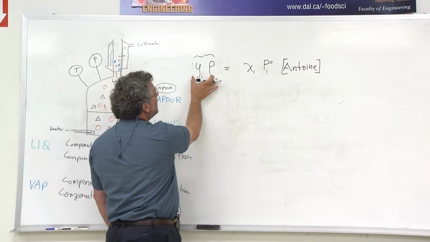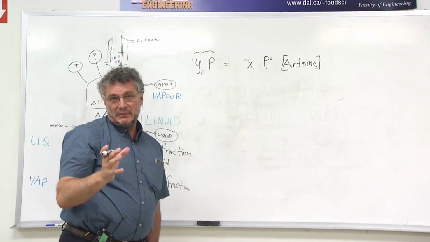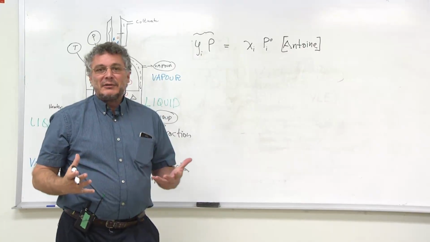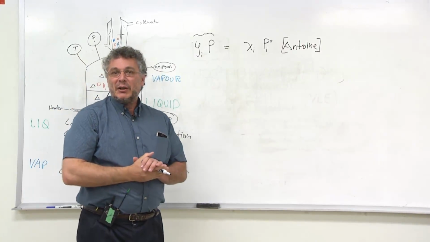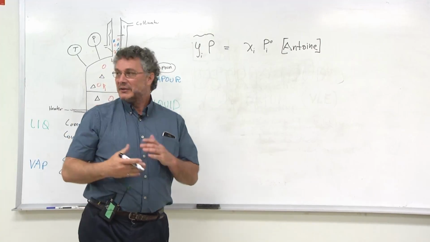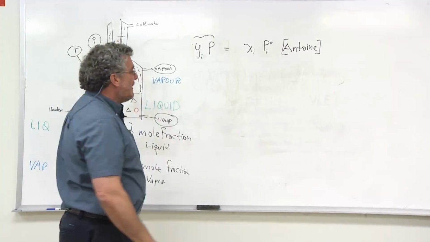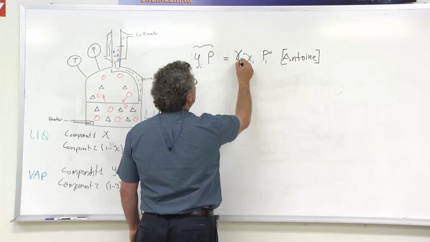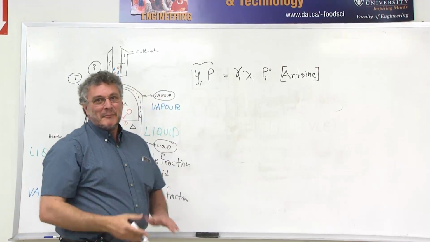Now we know that this equality only exists in an ideal system, and therefore to make it real we have to introduce a sort of fudge factor that has the very revered name of activity coefficient, because if we say fudge factor people might not believe us. So the activity coefficient is also given a fancy Greek letter, gamma, otherwise people would not really believe it.